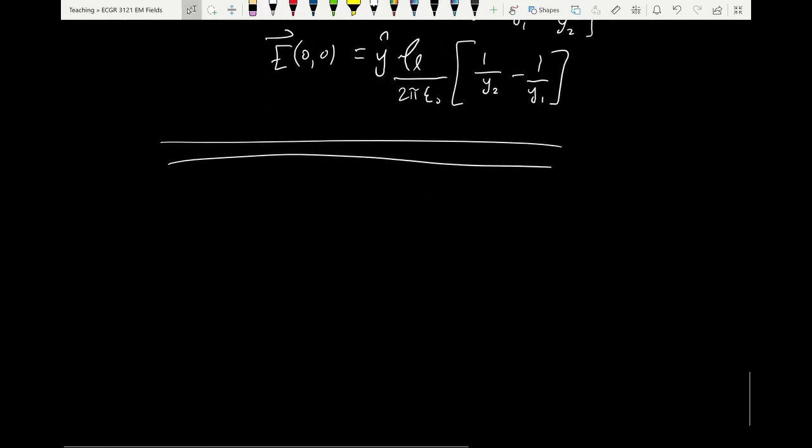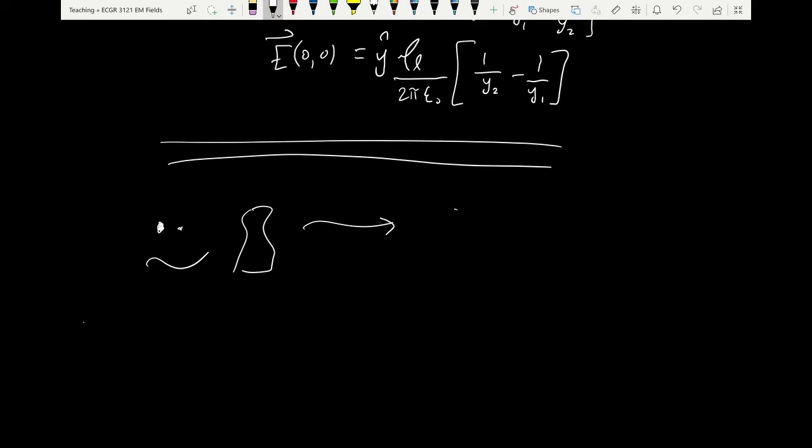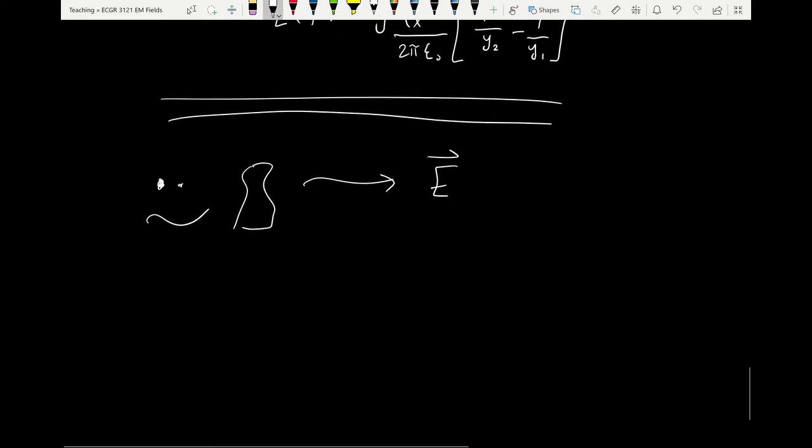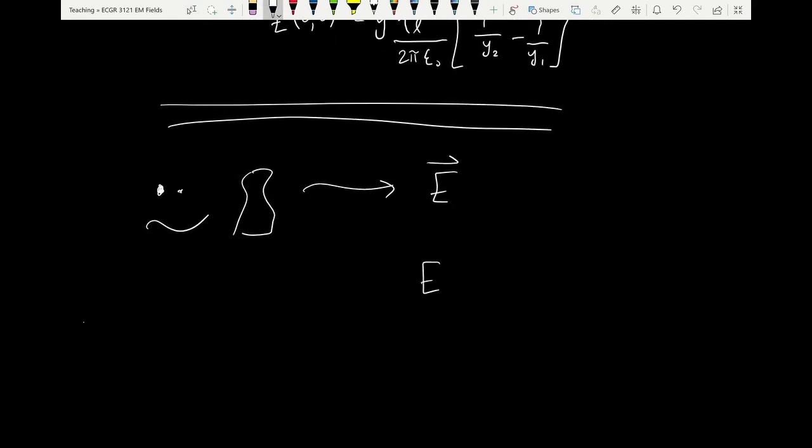Alright, so the second example I want to solve relates to applying Gauss's law in reverse. Up to this point we were using Gauss's law to go from a charge distribution to the electric field intensity. But what if we know the electric field intensity in a space?